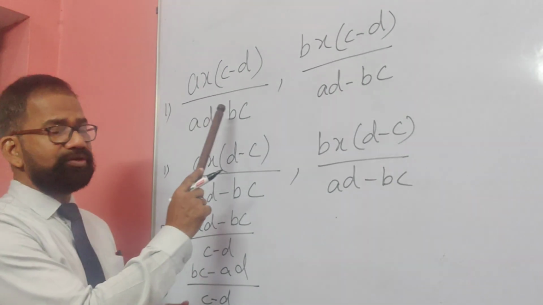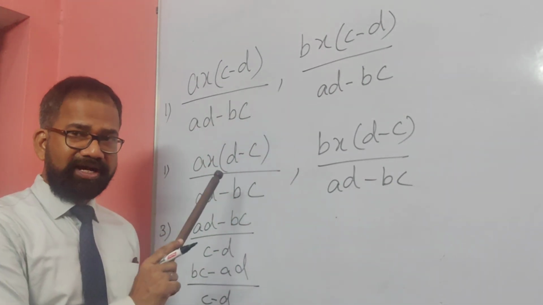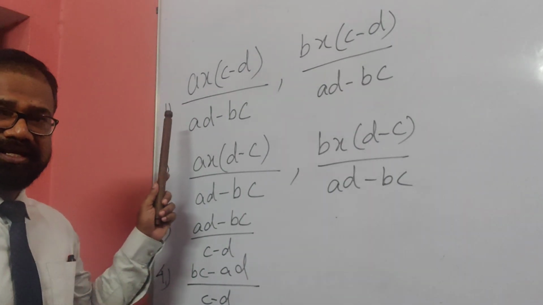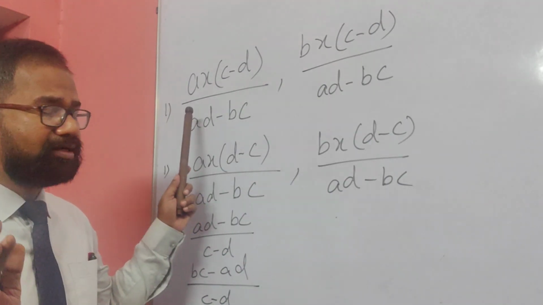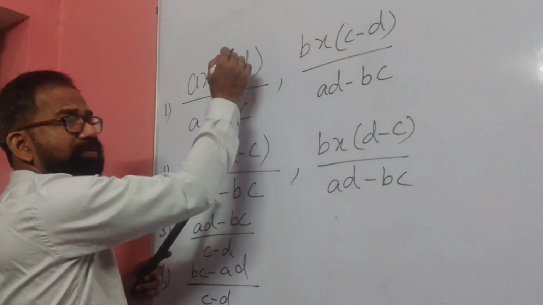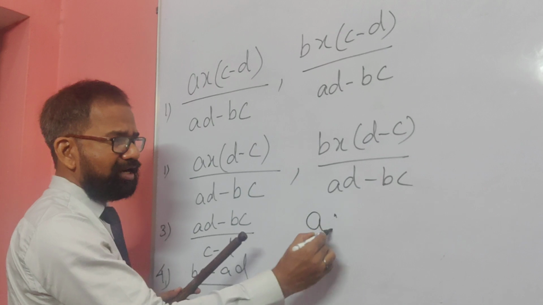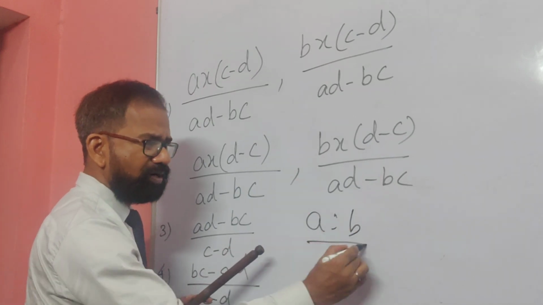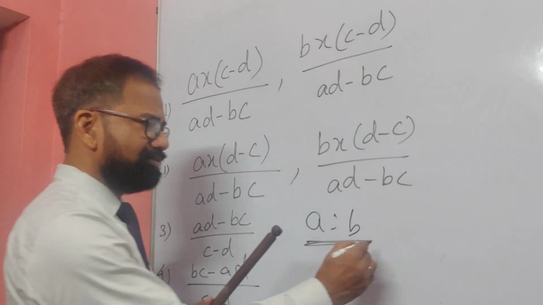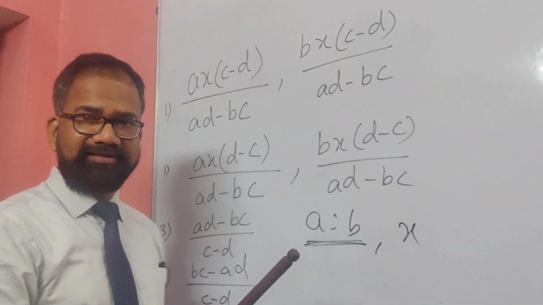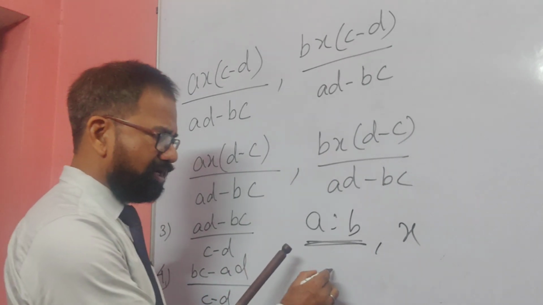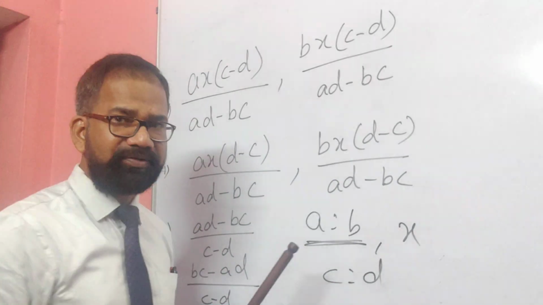Children, you must write these formulas, this concept. If the ratio between two numbers is A ratio B, A upon B, and if X is added to these numbers, the ratio becomes C ratio D. Try to get it.